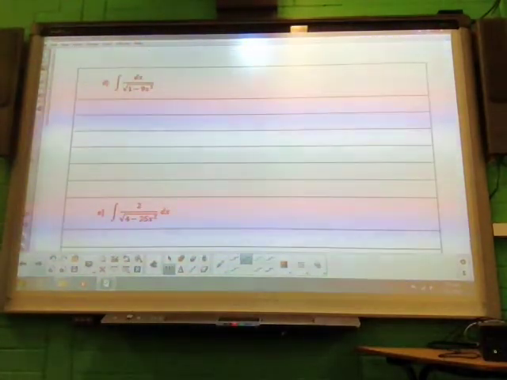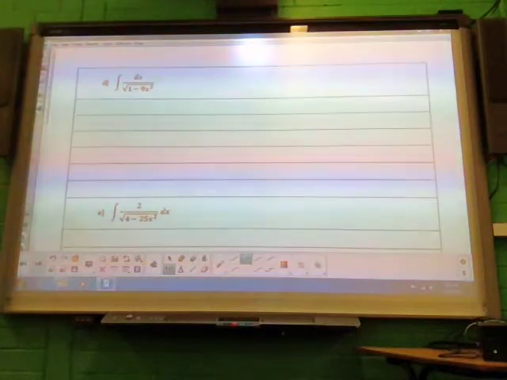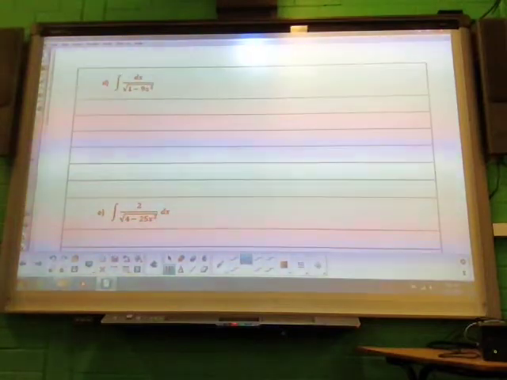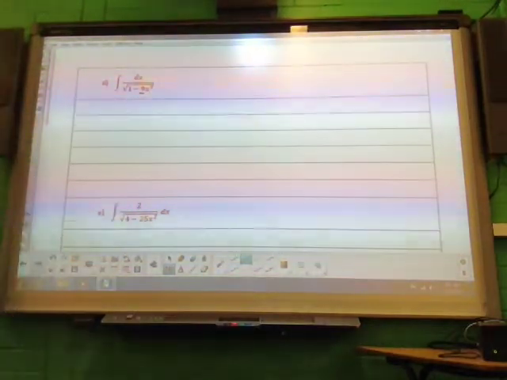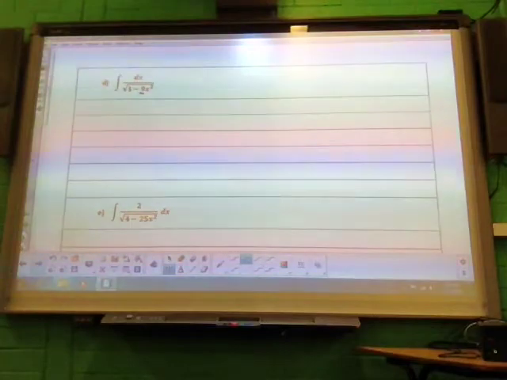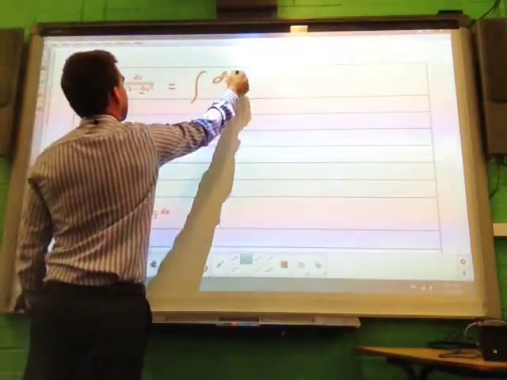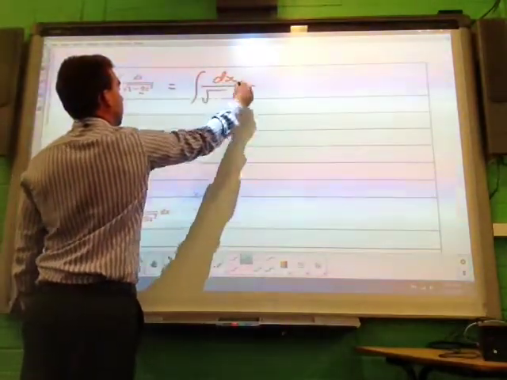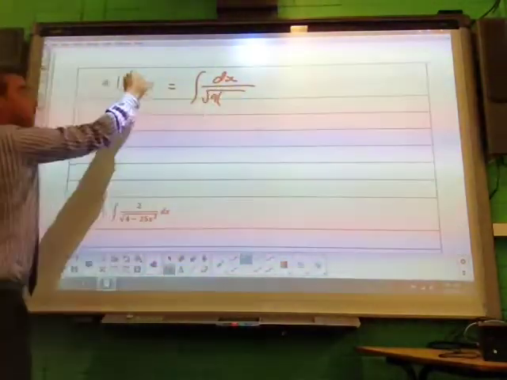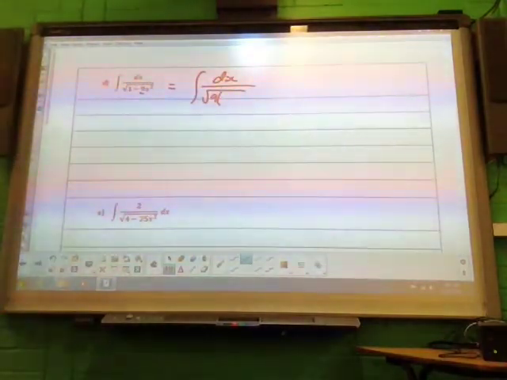Alright, starting to be different. What do you notice different about this one compared to what we've done so far? Yep, so you have to have the coefficient of x squared as 1. So you're going to have to factorise. It's going to be the integral of dx all over the square root of 9 take away 9x squared. So you need to take out that constant and factorise.